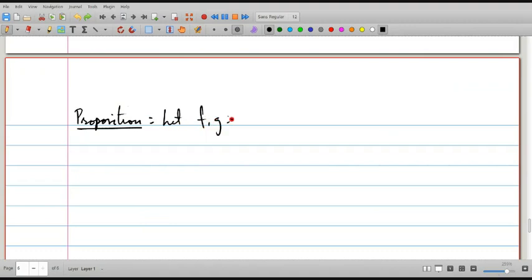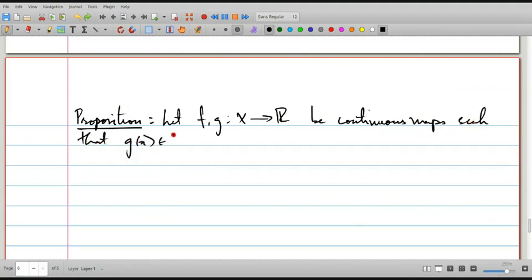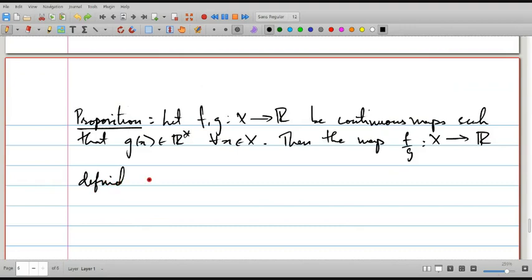Let f, g from X to R be continuous maps such that g of x is in R star for all x in X. Then the map f by g from X to R, defined as f by g of x equals f of x by g of x, is continuous.